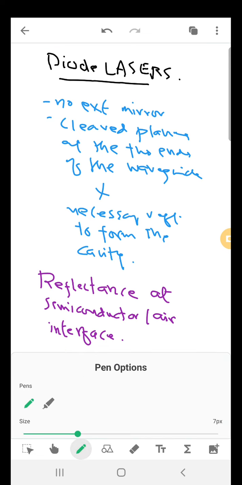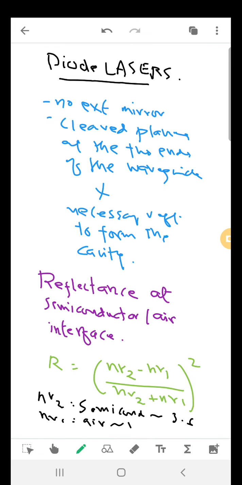So the value of R comes around equal to 0.32.